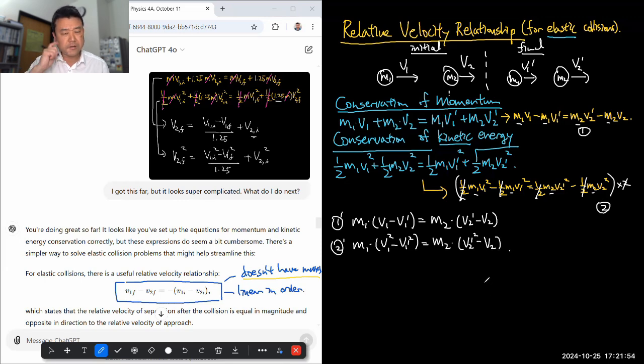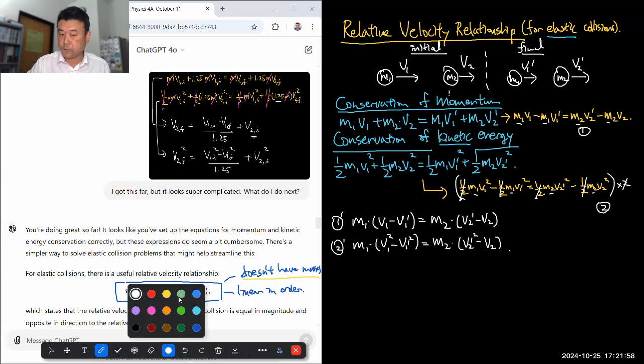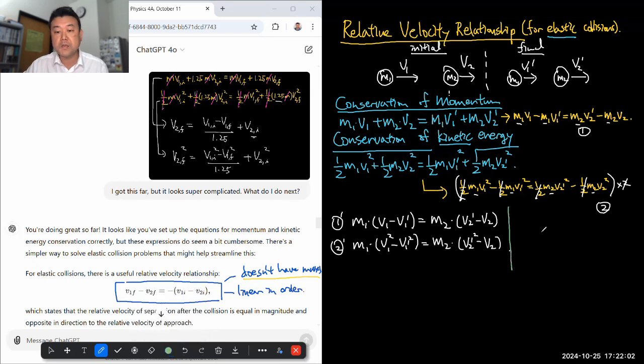Now, as you stare at this, I hope you remember some useful factoring relationship that you might have learned in college algebra. If you have an expression like a squared minus b squared, this can be factored into this form, (a minus b) times (a plus b), which means this can be factored into this form.